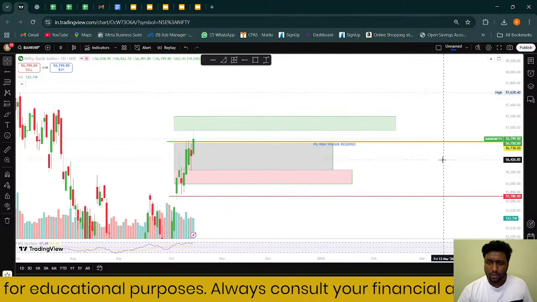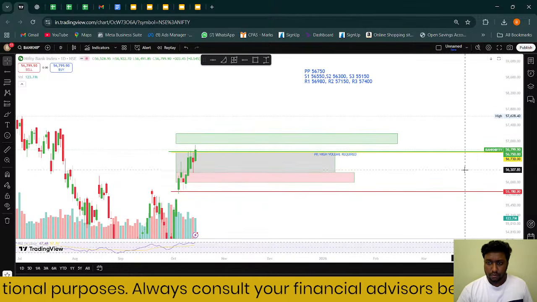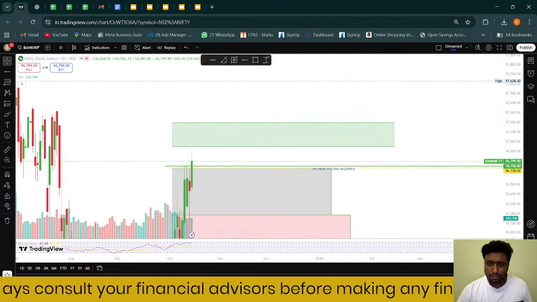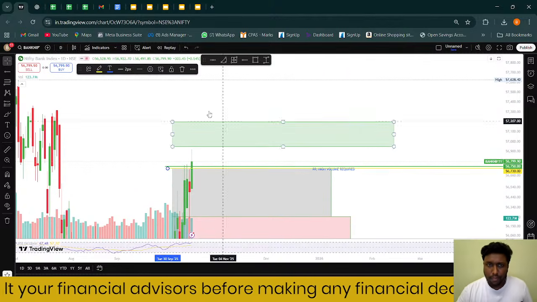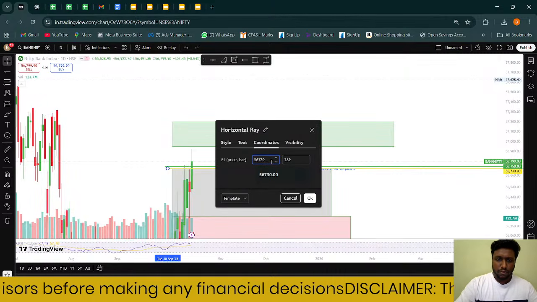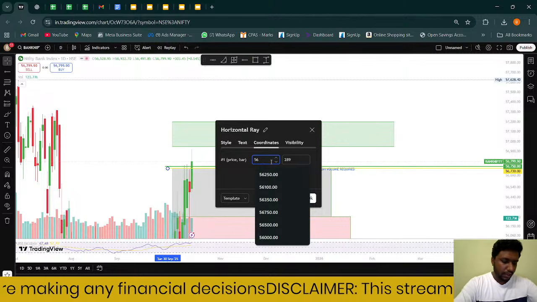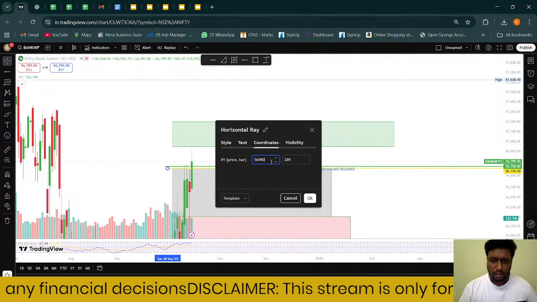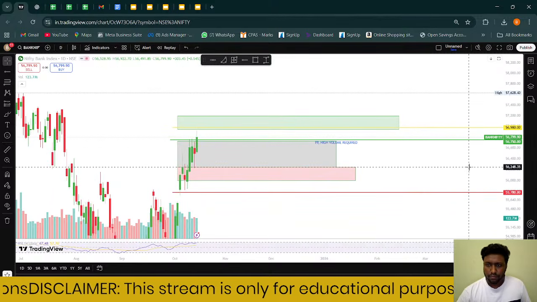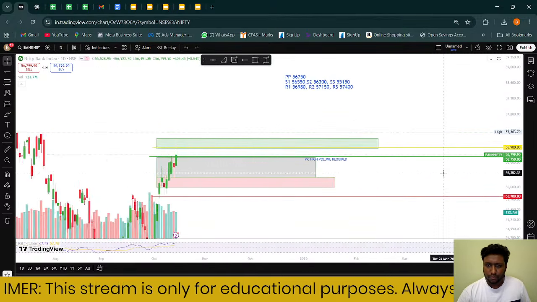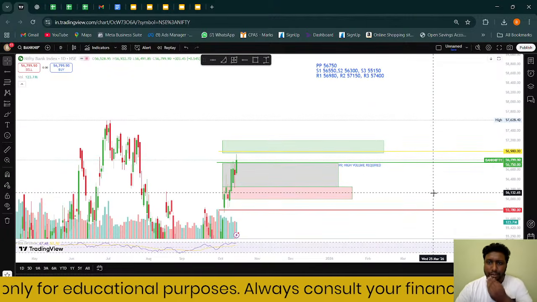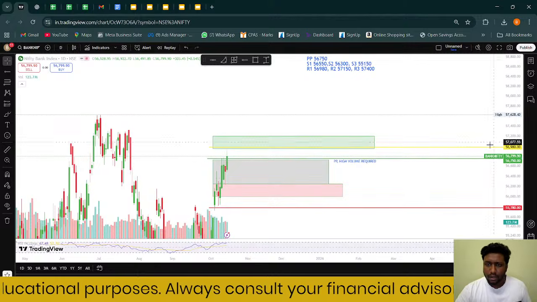So it is clearly above yesterday's first R1. R1 for the day is at 56,980. So we have marked our pivot point level for Bank Nifty and R1 as well.